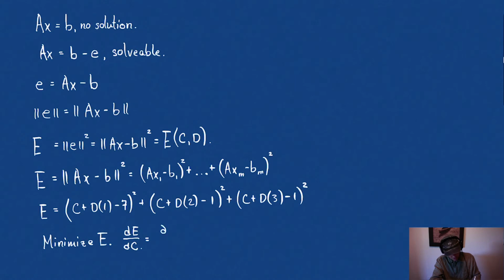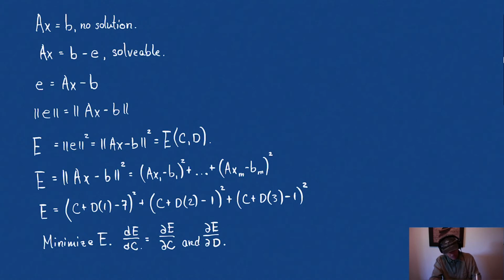So it's like the partial derivative of e with respect to c. I'm just writing this for those of you that have not seen a partial derivative. It's okay, you'll be able to follow this. And so I need to take the derivative with respect to c, and I'm also going to find the partial derivative of e with respect to d. And here's how we do this. I think we have just enough room up here.